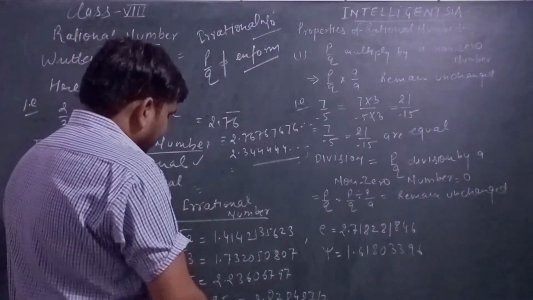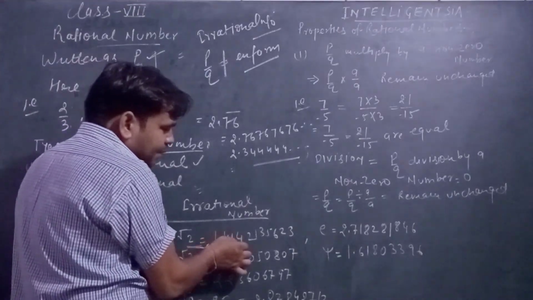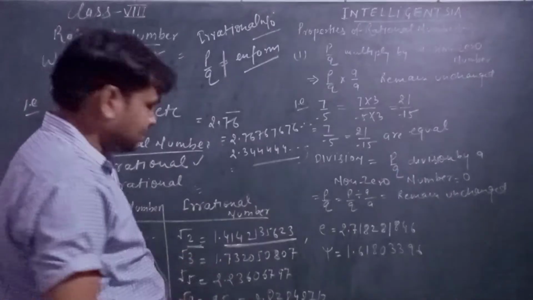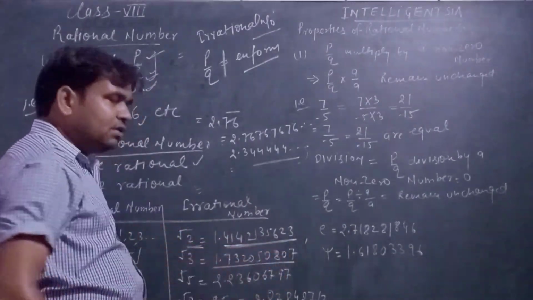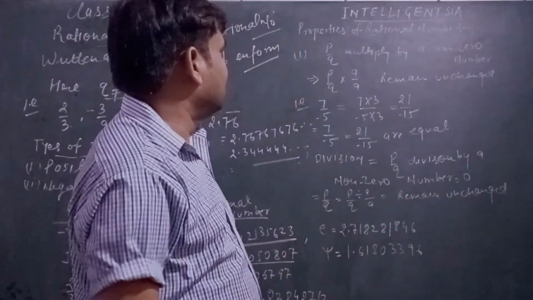And in an irrational number you see that it does not make a pattern, so that is called irrational. Root 3 also does not make a pattern, so this is also called an irrational number, students.